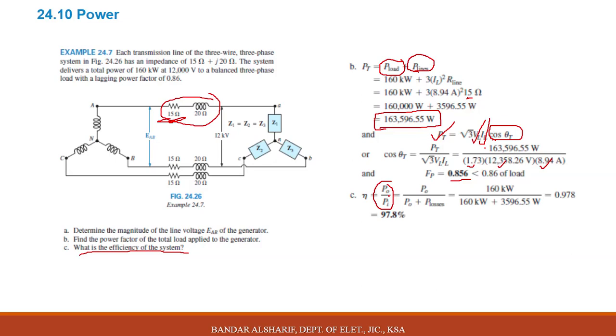The output is very clear, which is given in the question in the load, 160 kilowatts. The input is the output plus the losses, where the losses are consumed in the transmission line, which is 3,596 plus 160,000. Divide them, and you will get the answer 0.978. This means 97.8 percent.